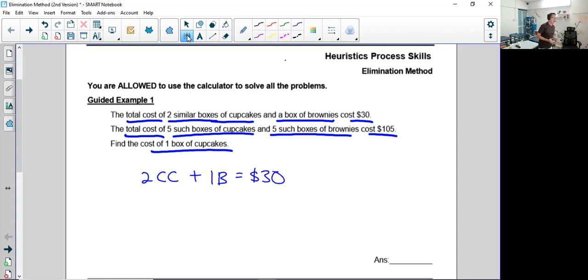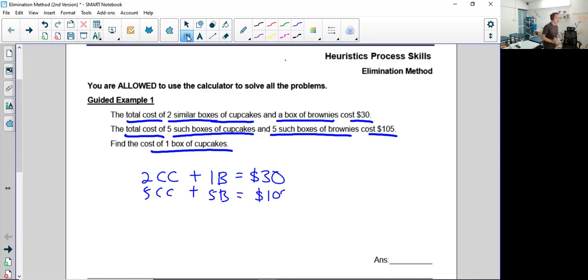That's how we teach our students to do it a little faster without having to draw pictures. But for primary 3 and sometimes primary 4, they may find this a little hard to understand because it's lettering, so then we will show them pictures. The total cost of 5 boxes of cupcakes and 5 boxes of brownies is $105.